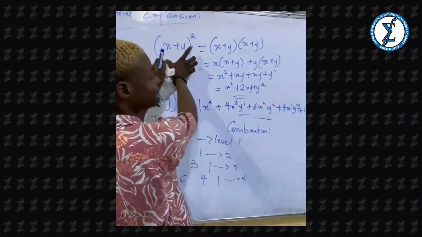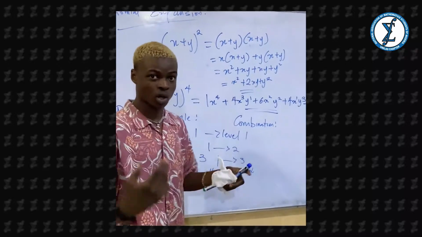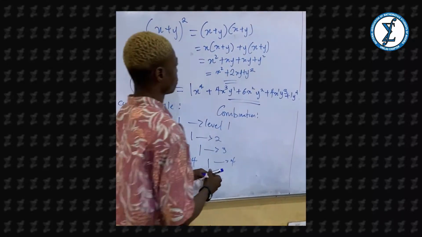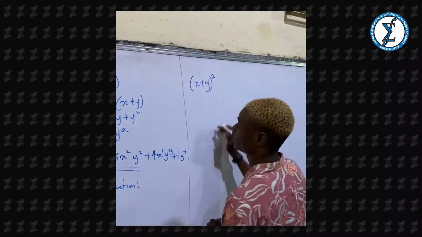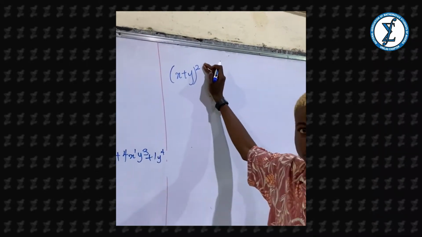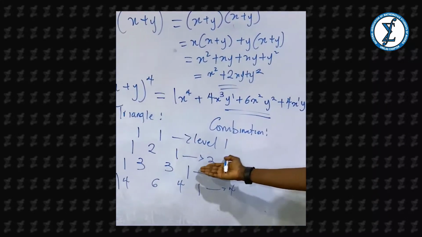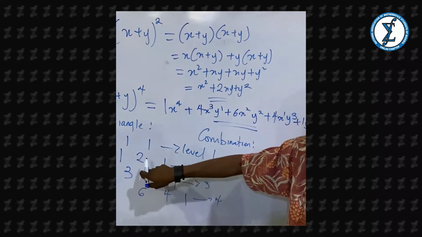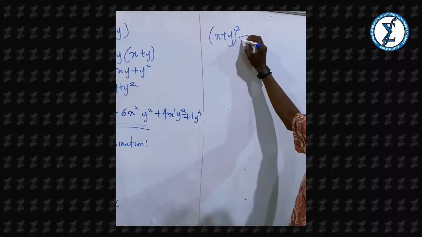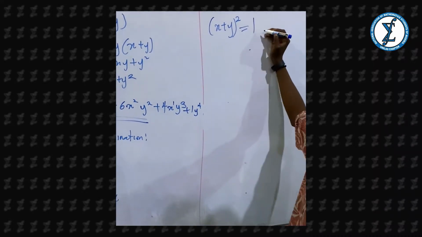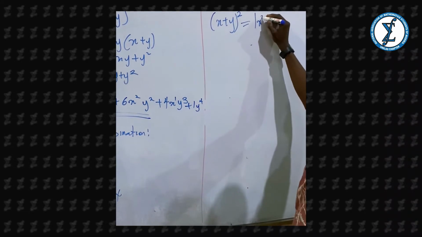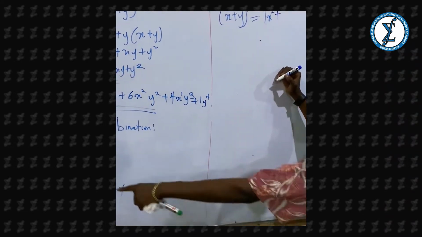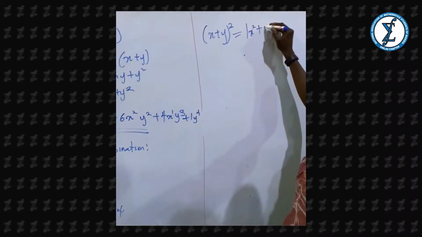Now let's do the same thing we did in a long process in just one line, using Pascal's triangle. x plus y squared. Here our power is 2, so what we need is just our level 2, which is 1, 2, 1. Start with 1, x. The highest power is 2 here, so you have x squared plus our second number, 2.